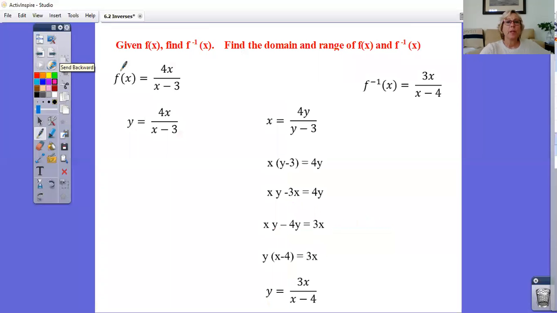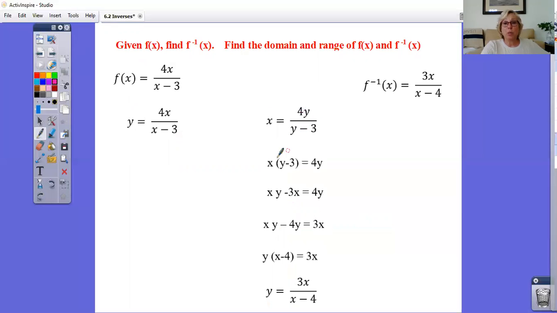We'll try one more. If this is my original, f of x changes over to y, that means the same thing. And now I'm ready to go. y switches to x, and the x will switch to y. And I'm going to do some math. I'm going to multiply both sides by y minus 3, and then the y minus 3 on bottom will cancel out.